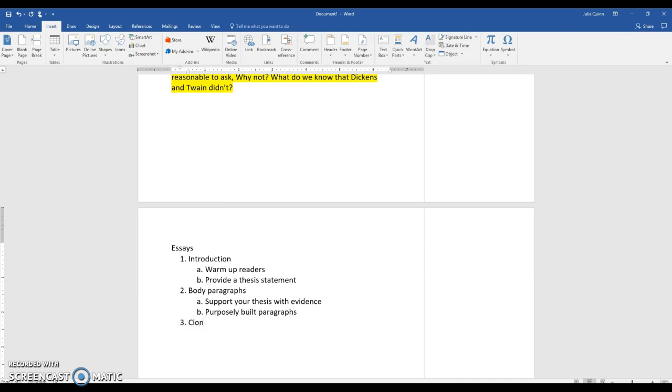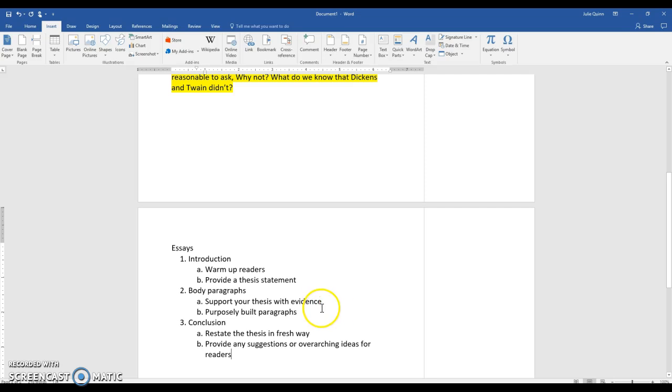Now, your conclusion will restate the thesis in a fresh way, and then provide any suggestions or overarching ideas for readers.